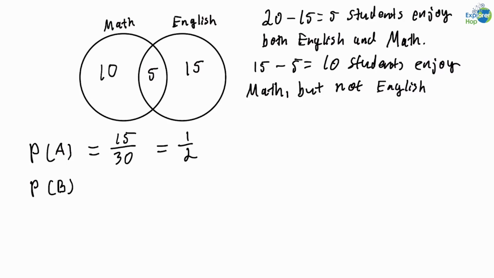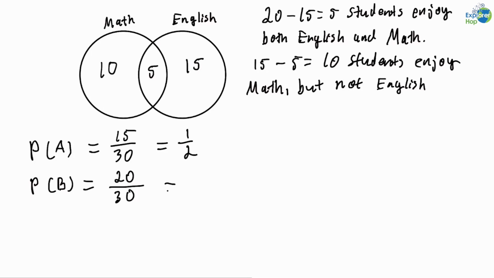Likewise, to find the probability of event B, which is the probability that a student enjoys English, take the total number of students who enjoy English and divide it by the total number of students in the class.